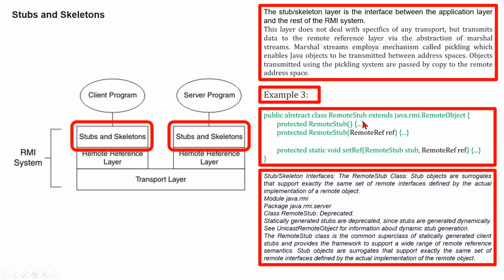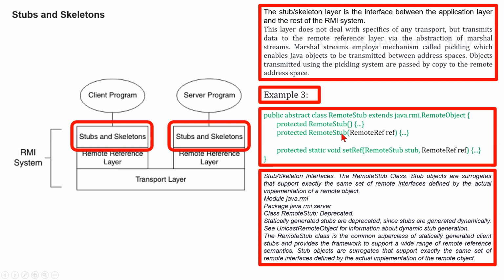Stub objects are surrogates that support exactly the same set of remote interfaces defined by the actual implementation of the remote object. The java.rmi.server.RemoteStub class is a common superclass for stubs of remote objects. The first constructor of RemoteStub creates a stub with a null remote reference.